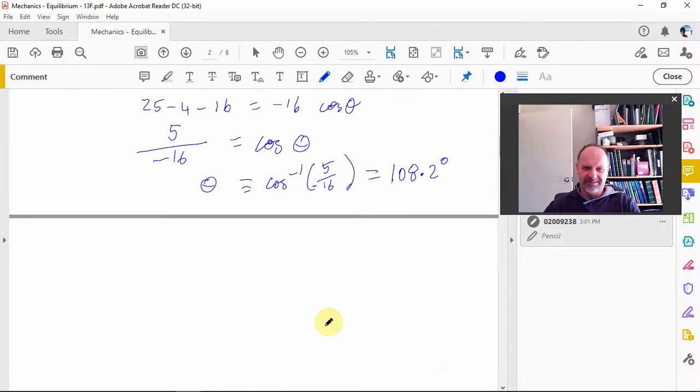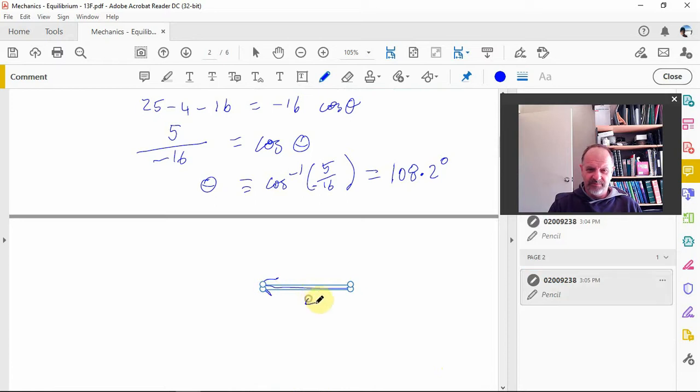So let me draw a little part of the diagram. Alright, so if the 4's here and that's 108, actually the 2 should be pointing that way. And so what we found is this angle in here, and normally when we're expressing, get rid of those dots.